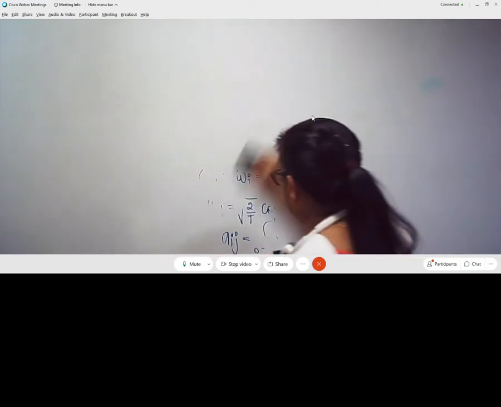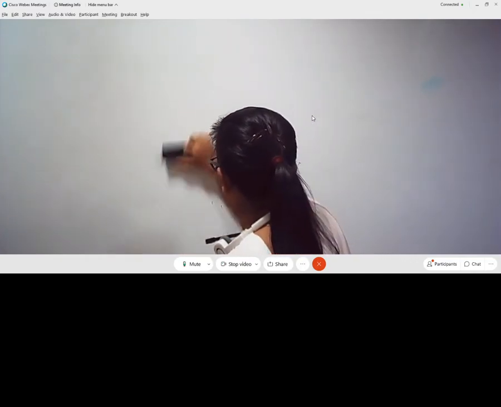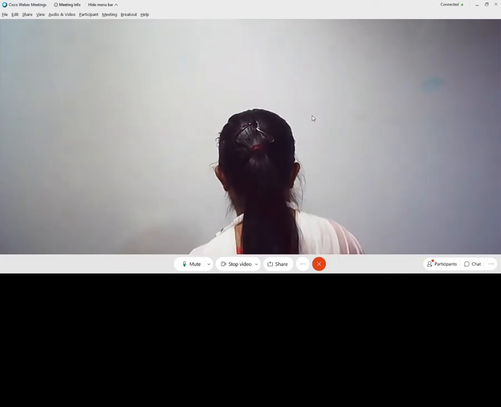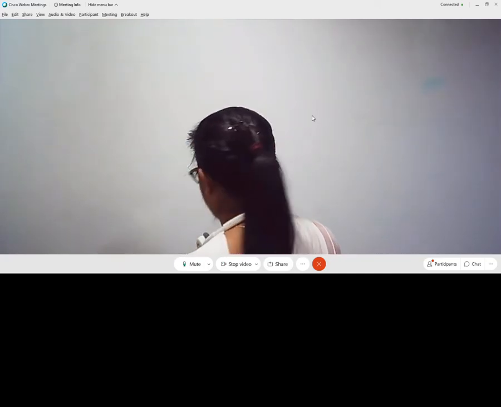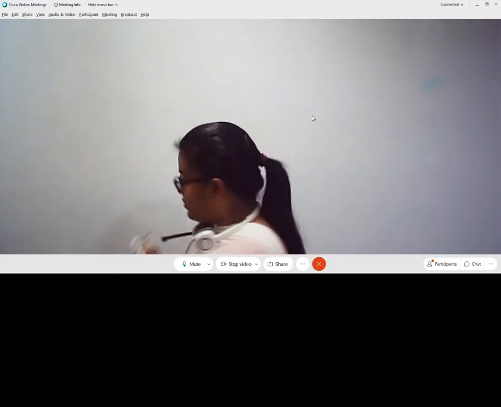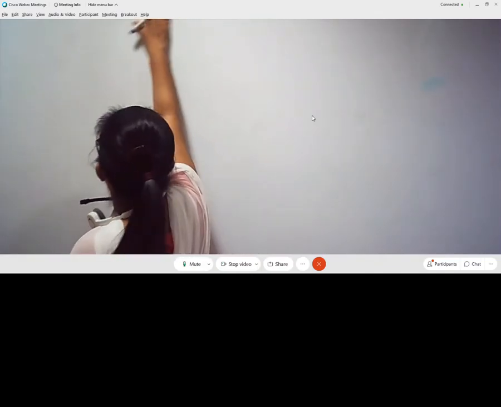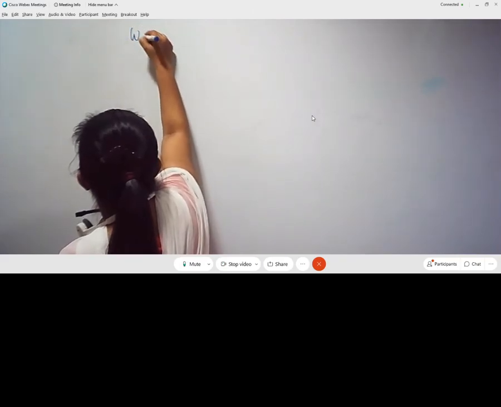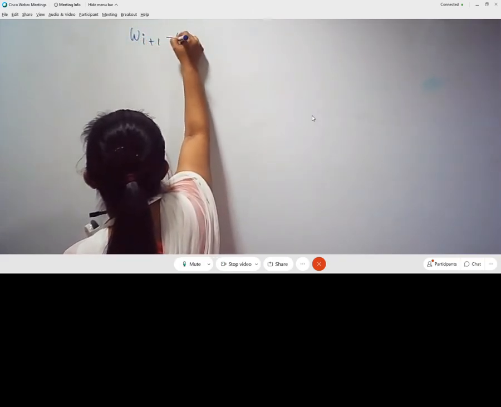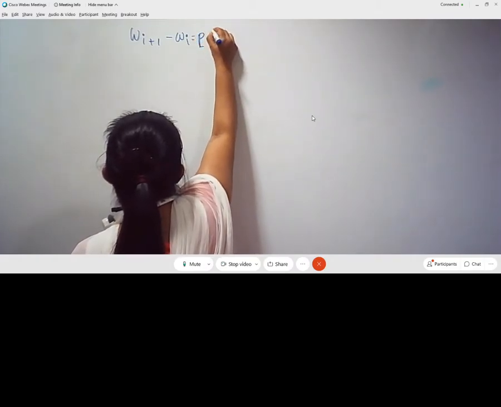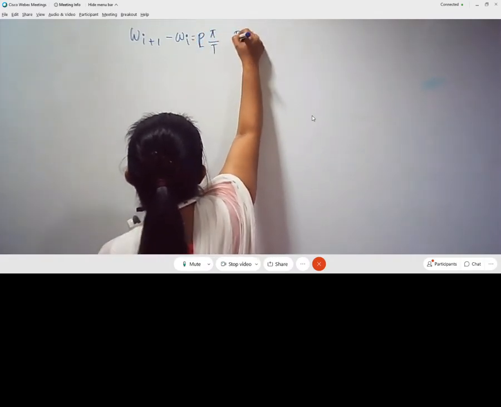Omega i plus 1 minus omega i should be equal to integer multiple of pi by T. Pi by T is the frequency in radians per second. Whatever I wrote in the equation, omega i plus 1 minus omega i should be such that this is a positive integer. p is a positive integer.